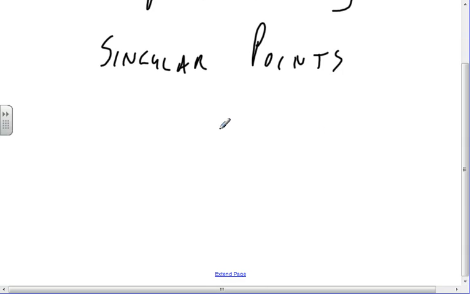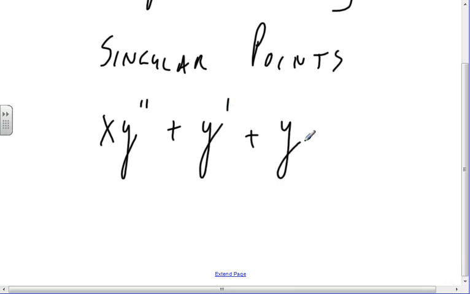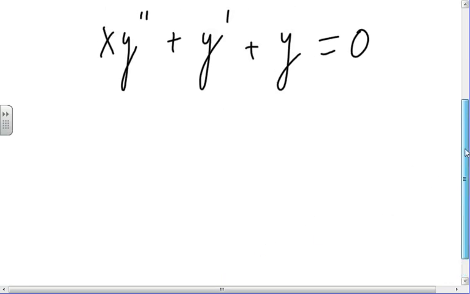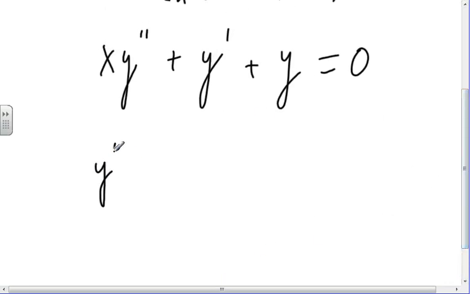So if I look at an equation x y double prime plus y prime plus y is equal to 0, I have something that looks like that. And I divide everything by x, and I get into a form that looks like this.